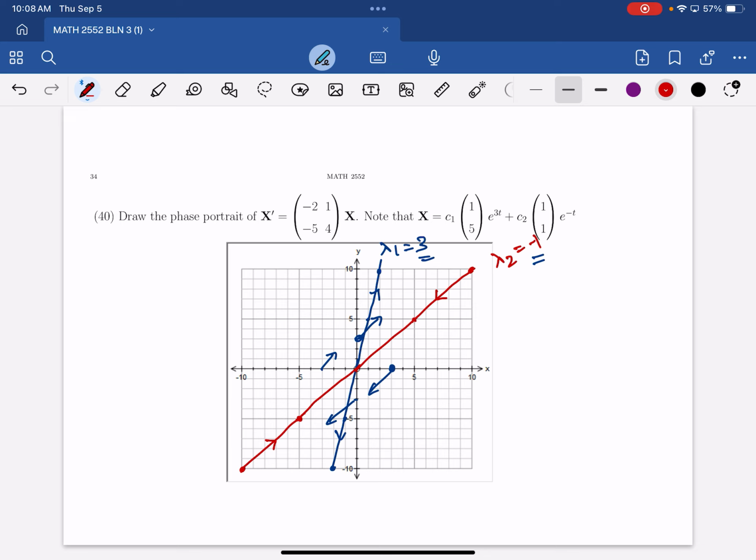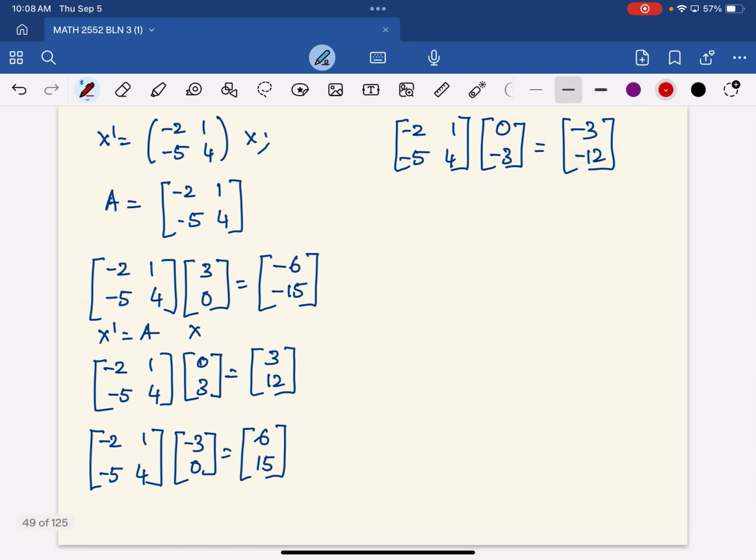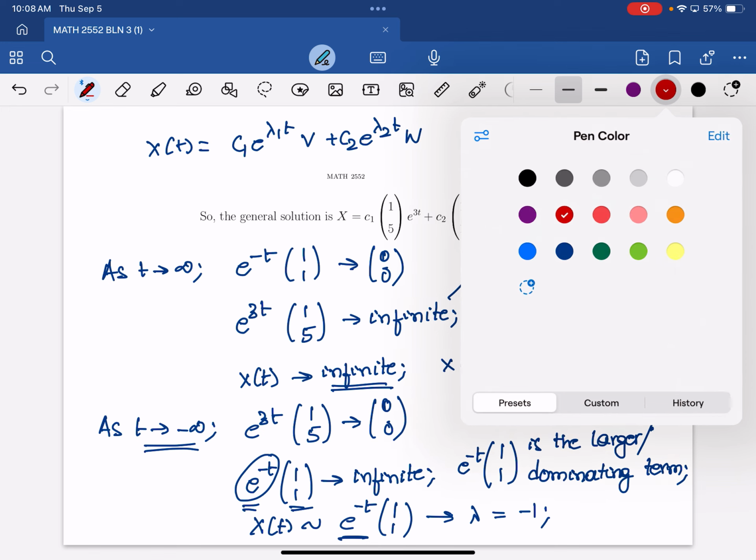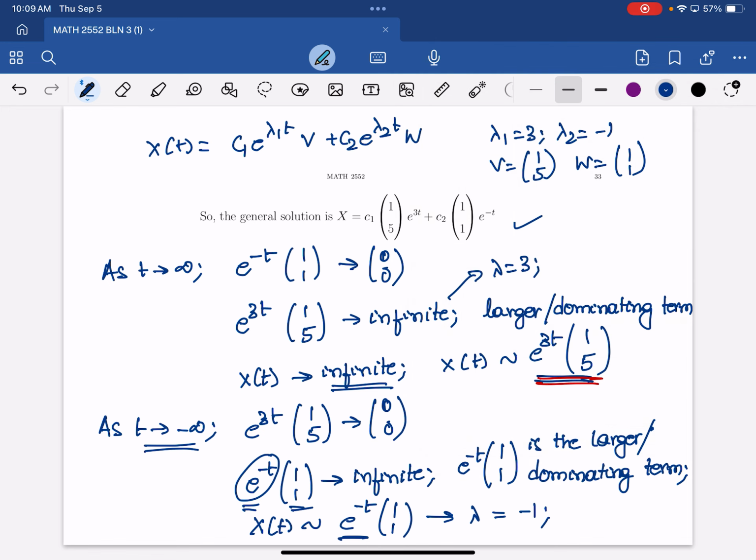Yes or no? Okay, now the next thing is I want to draw the phase portrait. Now, you go back to your behavior. As t goes to infinity, the behavior of the solution is dominated by the eigenvalue lambda equals 3.